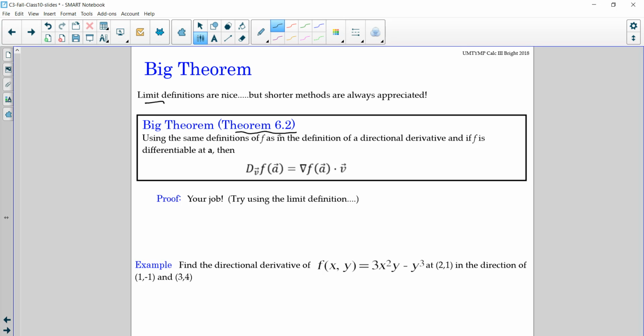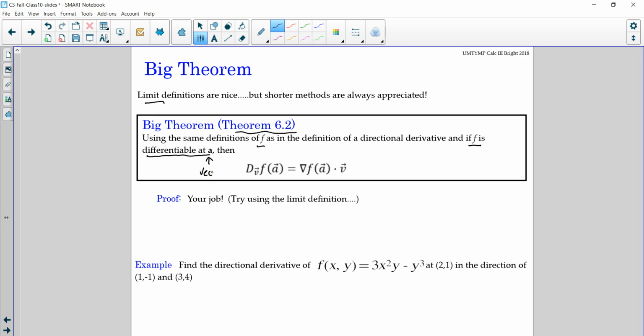The idea is that you still have to have f defined in the same manner, so on a domain D, R^n going to R, but we also must assume that f is differentiable at A, and this, again, is bold, so that's a vector.